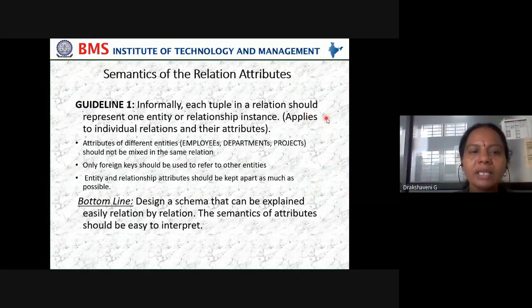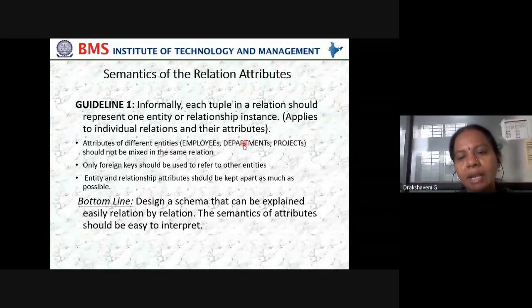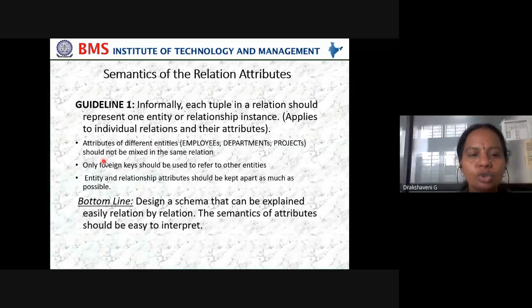This applies to individual relations and their attributes. That is guideline 1. Then attributes of different entities, employee, department, projects, should not be mixed in the same relation. That is the semantics of relation attributes.